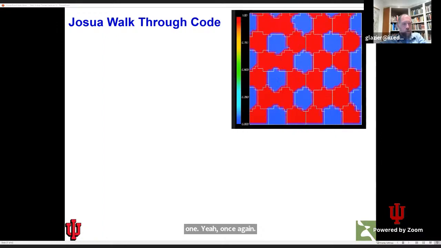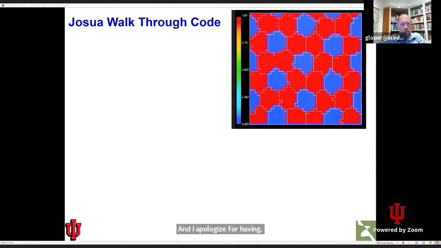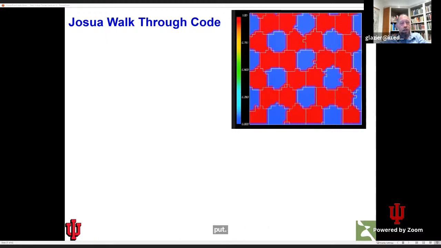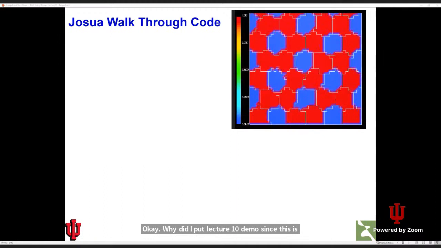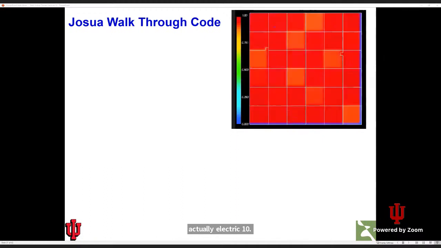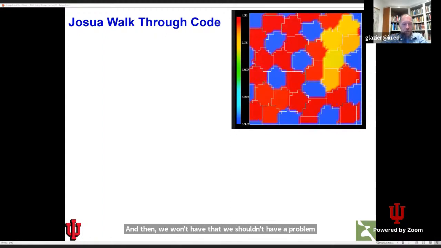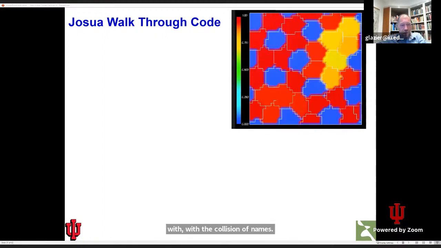And I apologize for that. I'll put it in lecture 9 demos. Why don't I put it in lecture 10 demos, since this is actually lecture 10? Yeah, that's a good idea. Then we shouldn't have a problem with the collision of names if it has the same name as that older version.